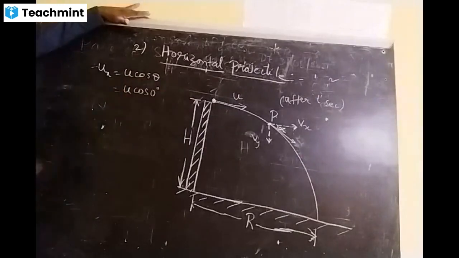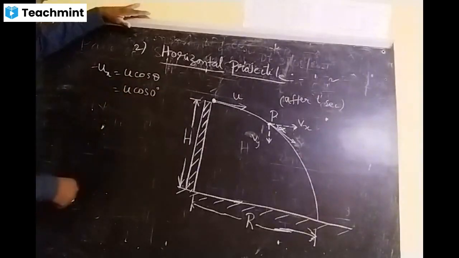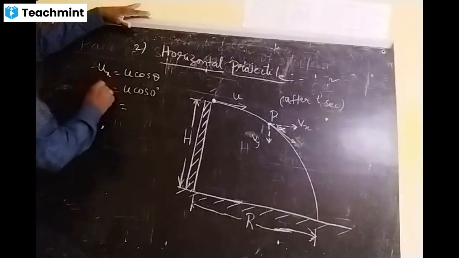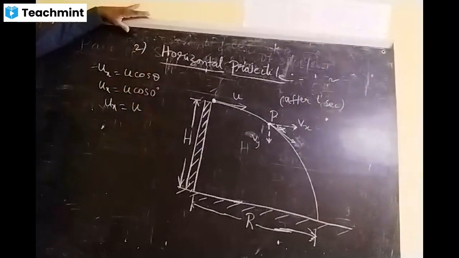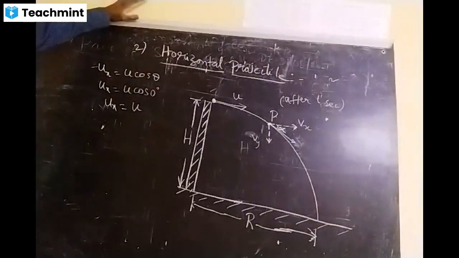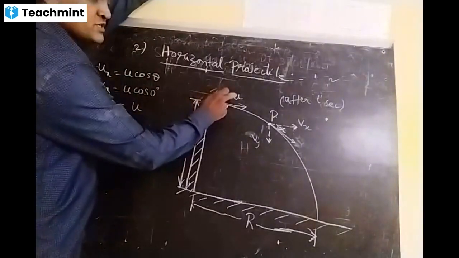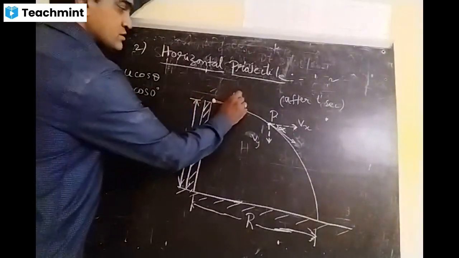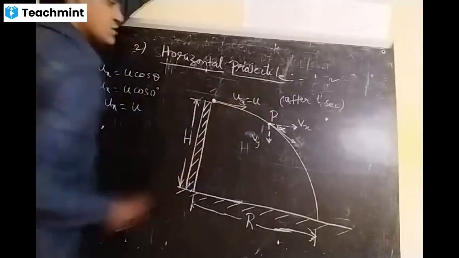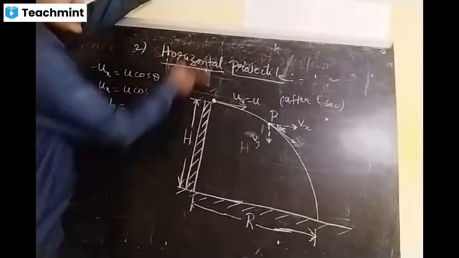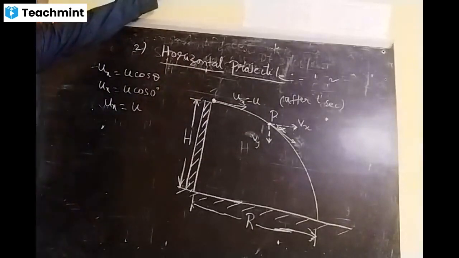Cos 0 is how much? 1. So what is the value of ux you are getting? U. The horizontal component of velocity ux is equal to u. Now, is the particle moving upwards at this point of projection?